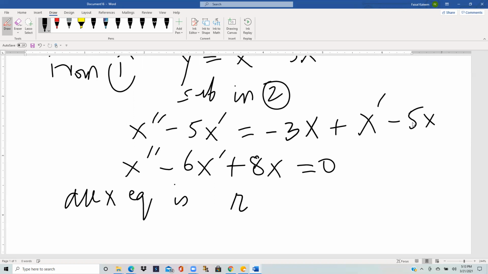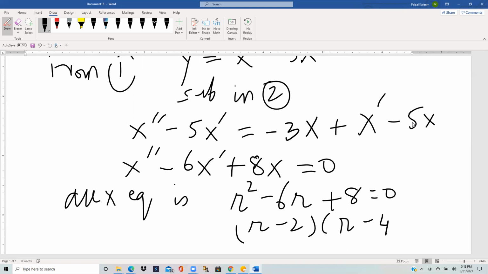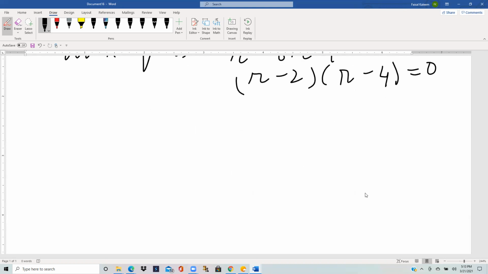And the auxiliary equation would be r squared minus 6r plus 8, r minus 2, r minus 4, and r is 2 and 4.